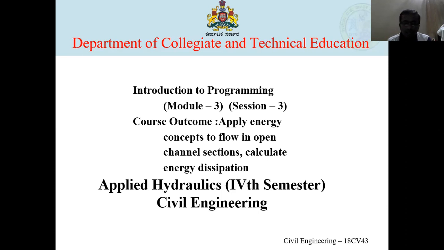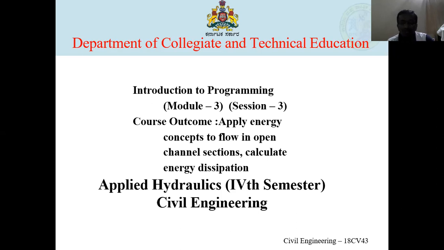And also, I explained the derivations which use the relationship for the hydraulic jump. y1 means depth of flow before jump, y2 depth of flow after jump, as well as the small q. Small q stands for discharge per meter width.